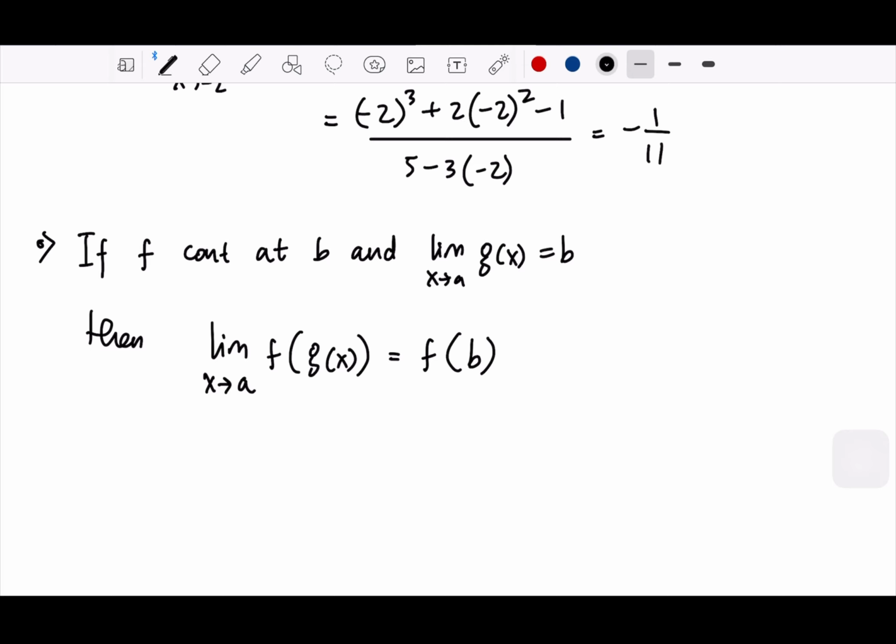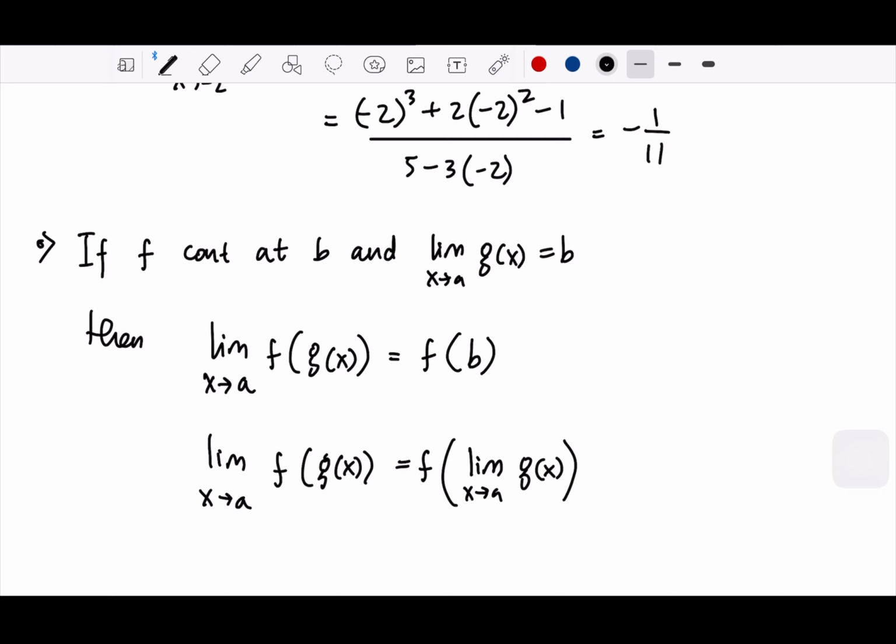In other words, whenever everything is already defined, continuous, and we have some finite value b to determine this limit, we can take the limit inside the function.